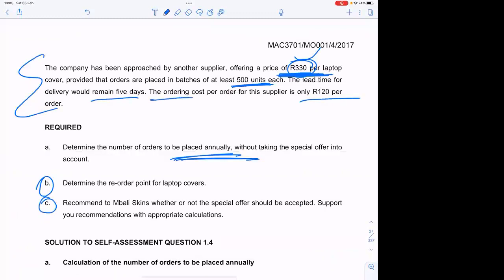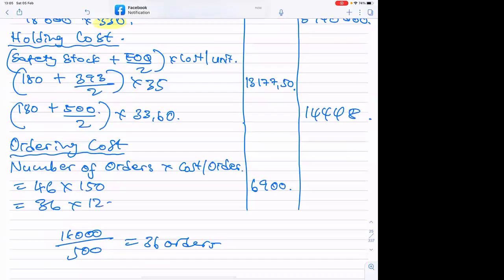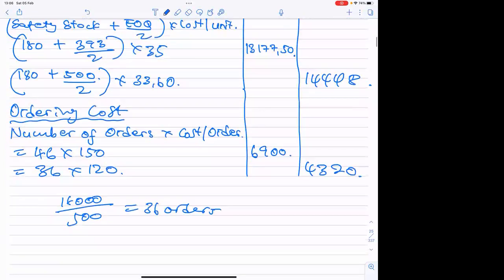Yes, to 120. So we put 36 times 120. So you see, just read the question, you apply the deal. 36 times 120 is 4,320.